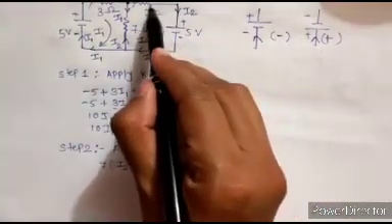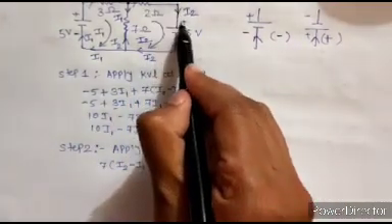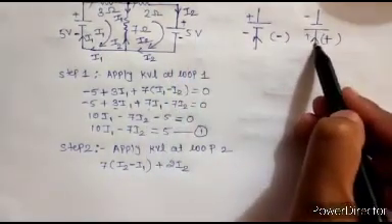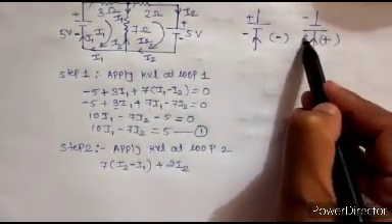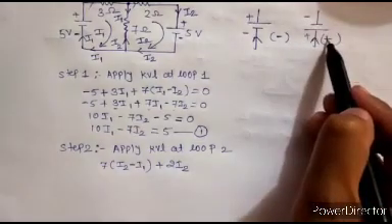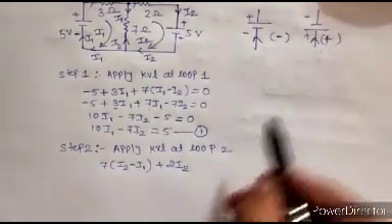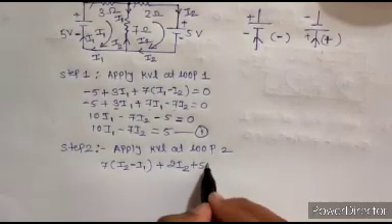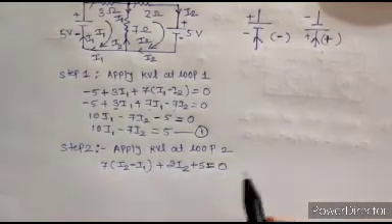Then again current I2 flows from the higher potential to the lower potential. If the current flows from higher potential to lower potential, take it as positive, so plus 5 is equal to 0.